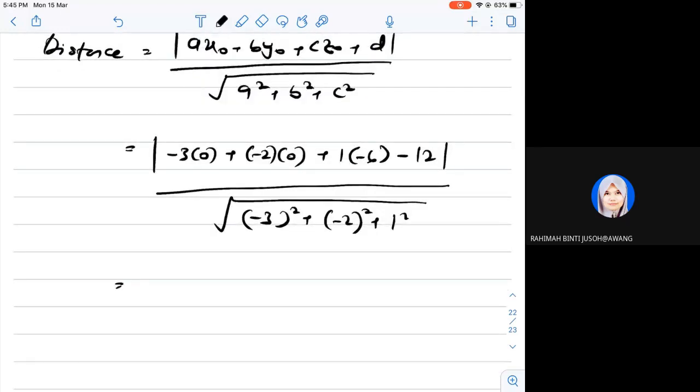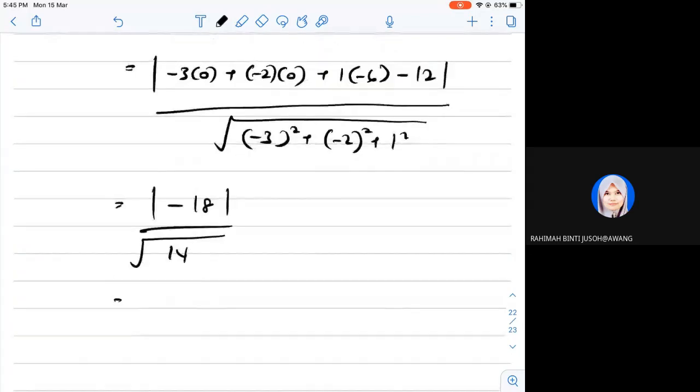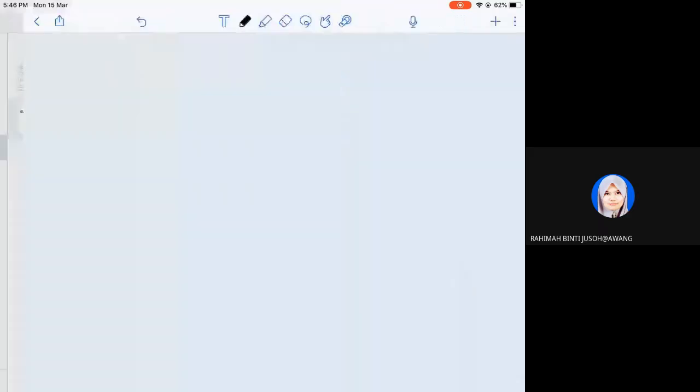So kita ada 0, 0, -6, -18 divided by square root of 9 tambah 4, 13, 1, 14. So modulus of -18 should be like this lah, 18 over square root 14. You should get this. Question number 23A.